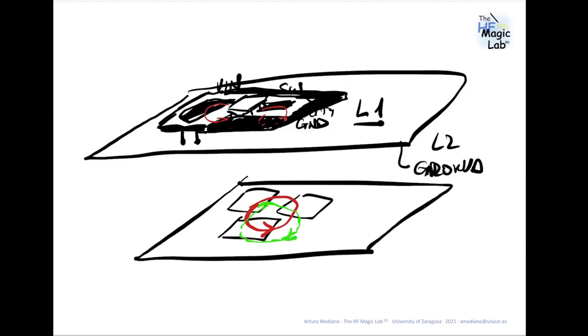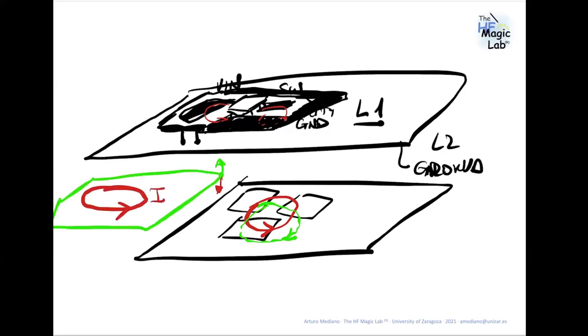That means the magnetic field at some specific point created by one of the currents is opposite to the other one. It's like the same idea. You have a loop where you have current, and you put below this loop a metal plate, the emissions at some specific points are eliminated because the currents induced in this plane cancel the magnetic field created by the first. So this is basically the idea, okay?